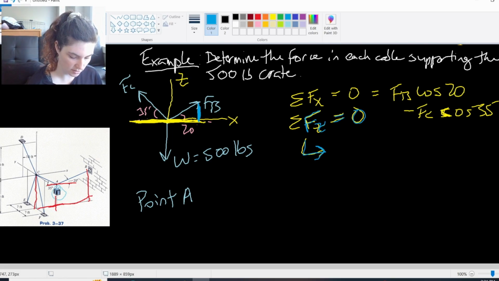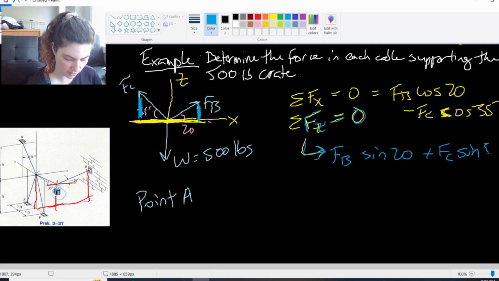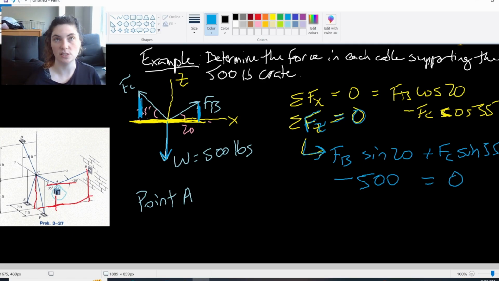So this is FB sine 20, plus, our FC is also operating in the positive Z direction, plus FC sine 35, minus, the weight is entirely in the negative Z direction, minus 500. And this is an equilibrium, so we set it equal to 0.